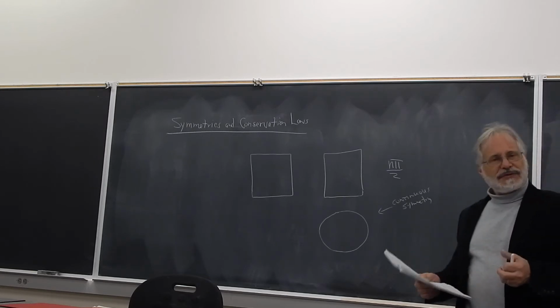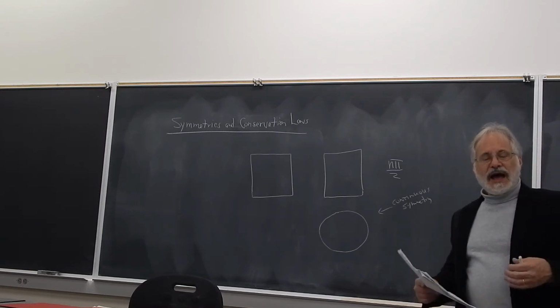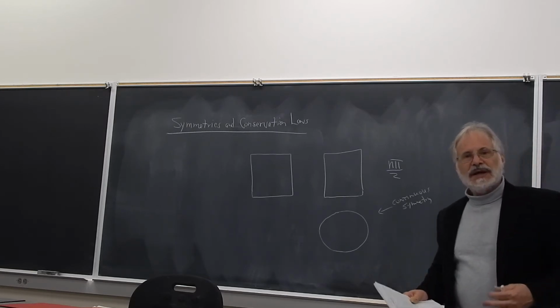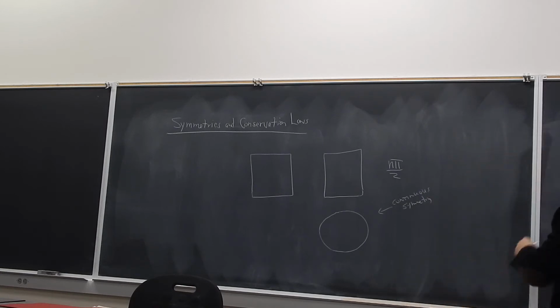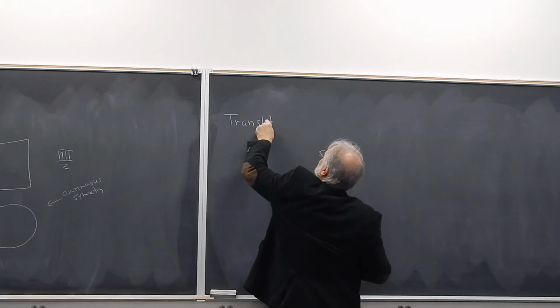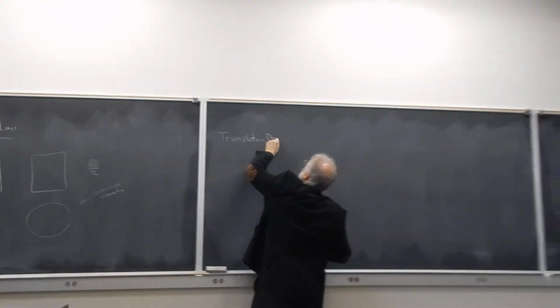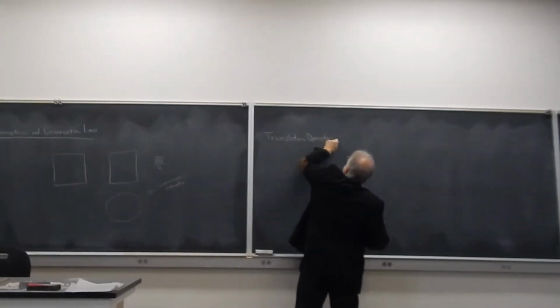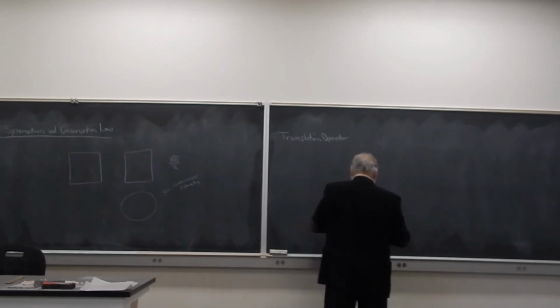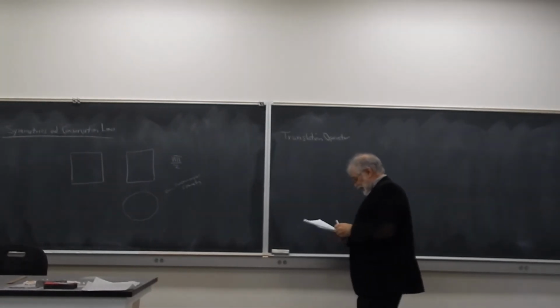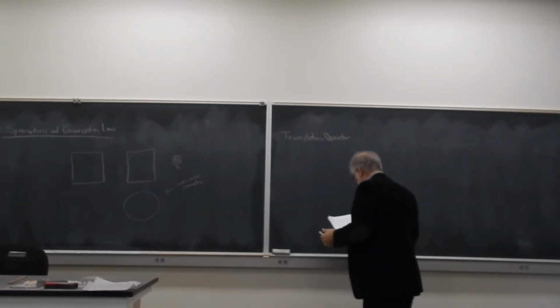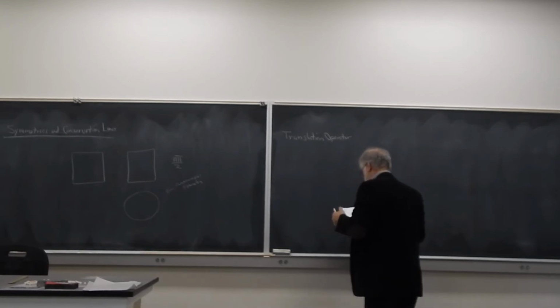We're going to talk about 3 operators right at the start, and then we'll delve into each of them in far more detail. So we can talk about a translation operator. The translation operator can take a function and move it by a distance a.